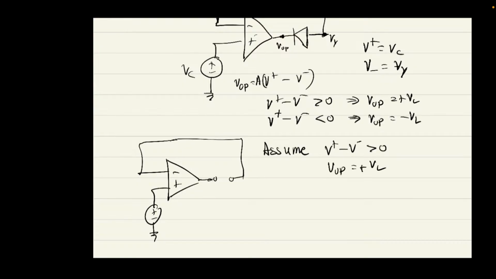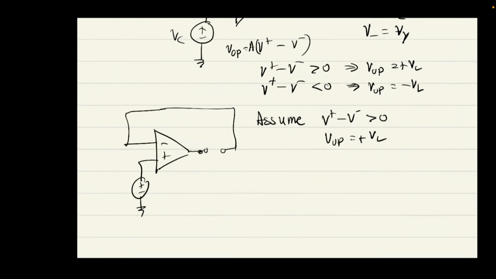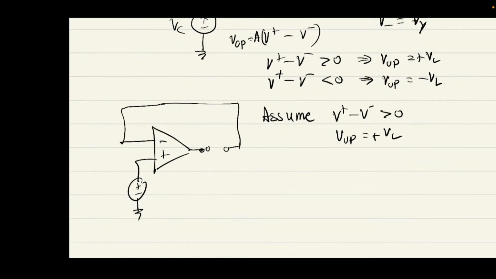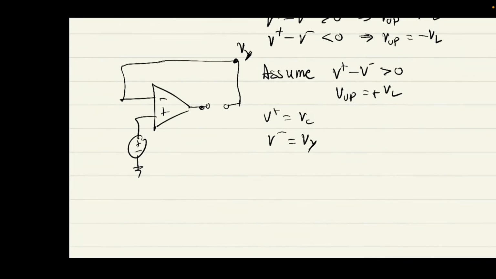What this means is that the diode is reverse biased. There's no current flowing through it. You can treat it like an open circuit. Then we can say that V plus is VC and V minus is Vy. There's nothing to say that V minus should not be Vy.